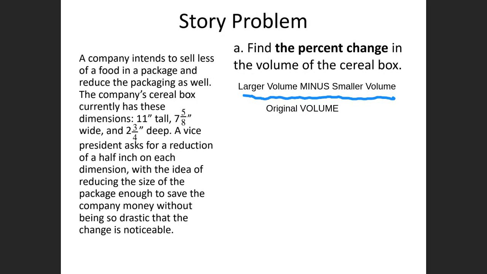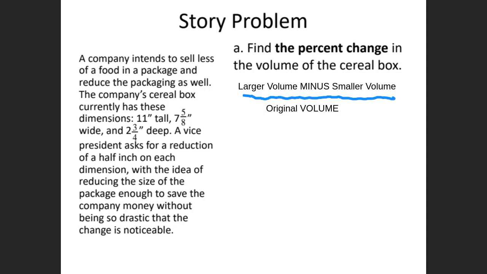Now, I'm going to read the story and then we're going to work in parts. Hopefully you have a calculator ready to do this type of problem. It says a company intends to sell less of a food in a package and reduce the packaging as well.